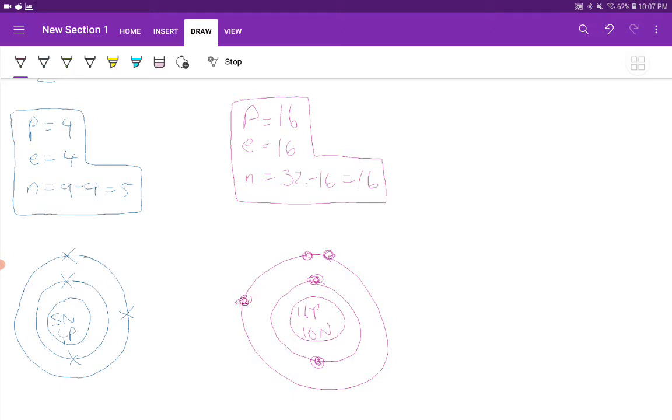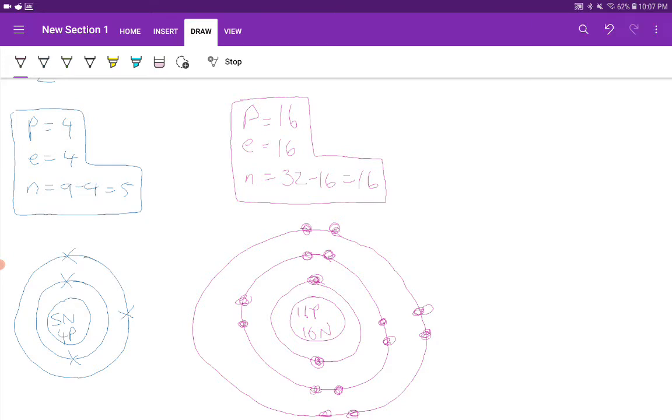And notice I am trying to use different symbols for the electrons on the metal atom compared to the electrons on the non-metal atom. The reason is so that you can easily see where the electron has been gained, what atom the electron has been gained from, what atom the electron has gone to.